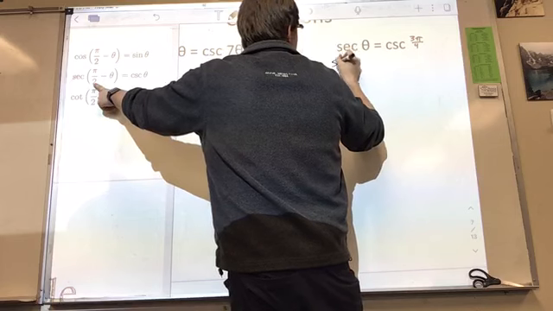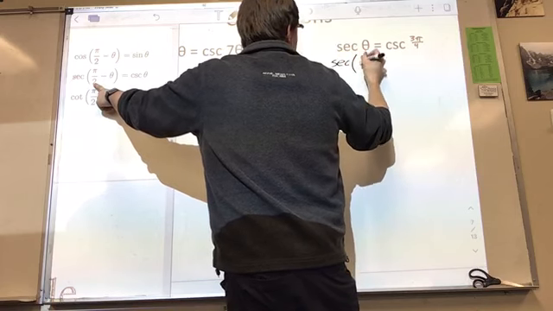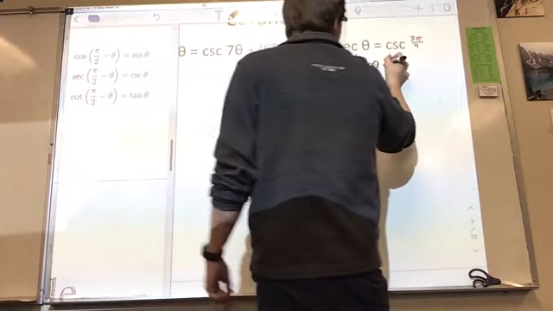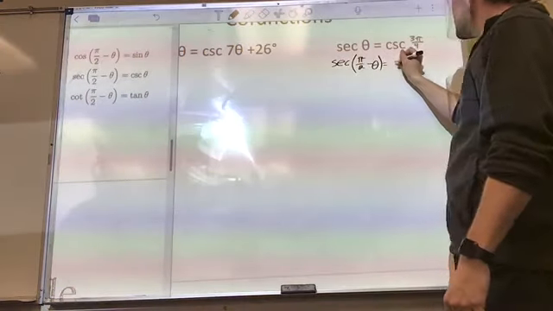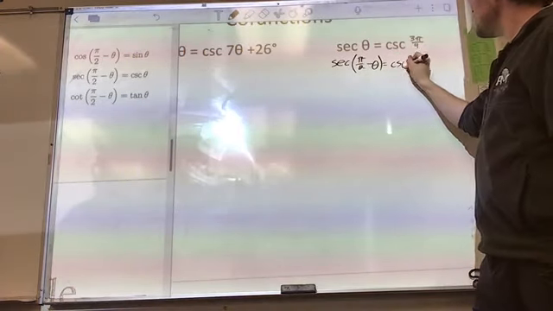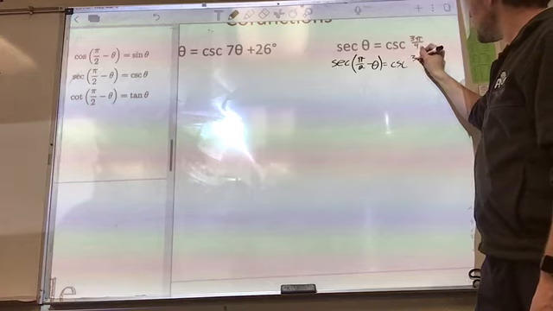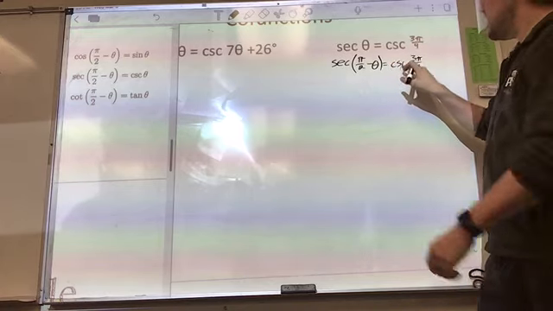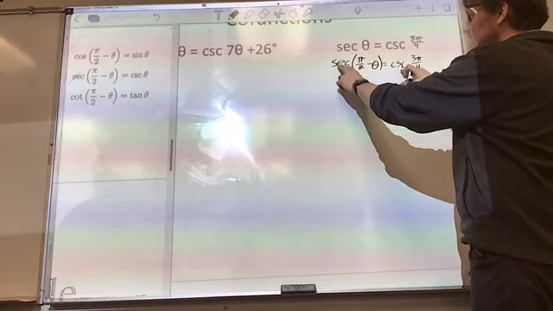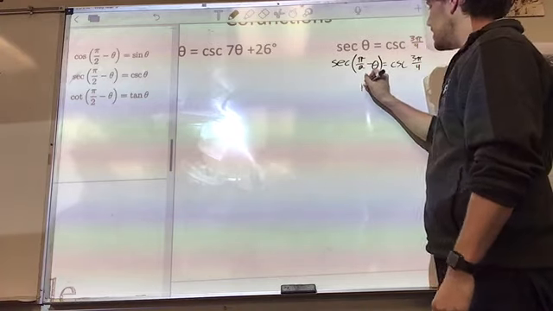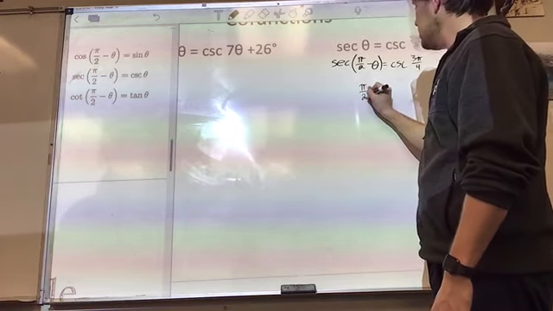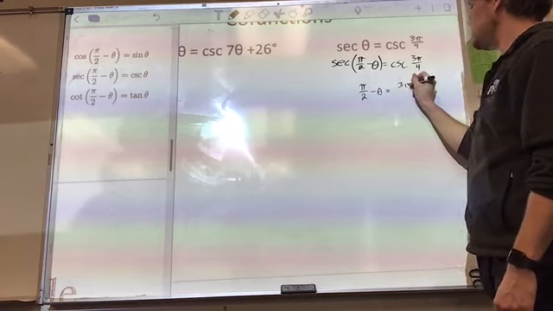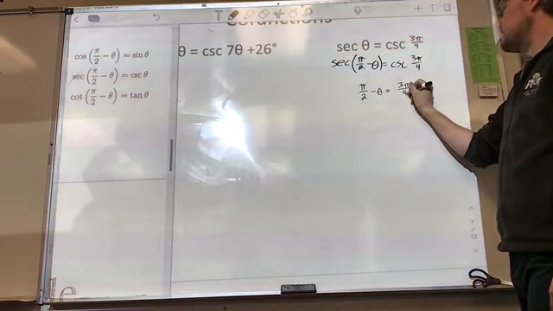So secant of pi over 2 minus theta equals cosecant of 3 pi over 4. Just like we did before, now that we know that these are co-functions, we can take out these functions and get pi over 2 minus theta equals 3 pi over 4.